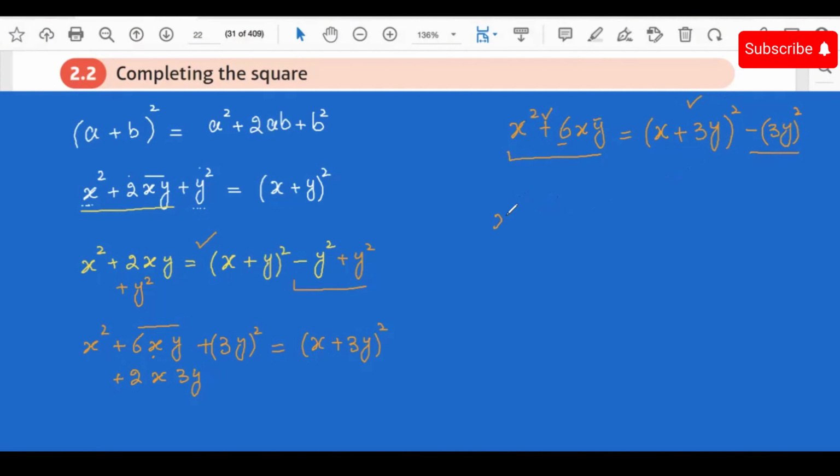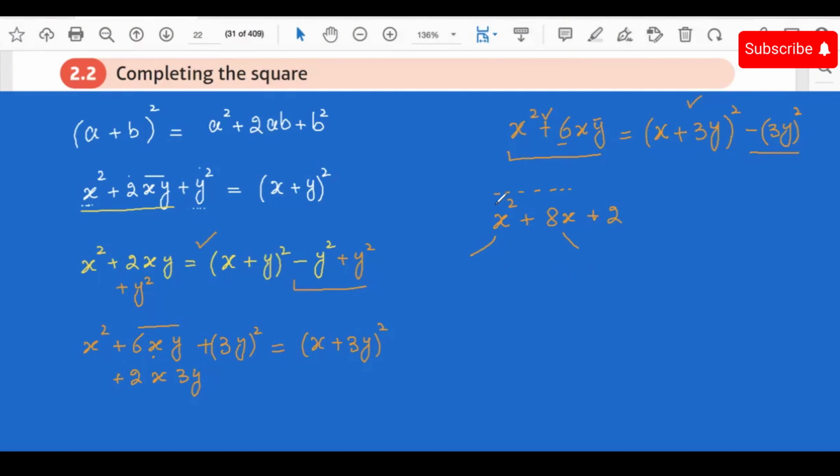Now we can move towards another algebraic expression. For example, we have x square plus 8x plus 2. This expression has three terms. When we need to complete a square, we only look at the first two terms, the quadratic term and the linear term in terms of the variable x.